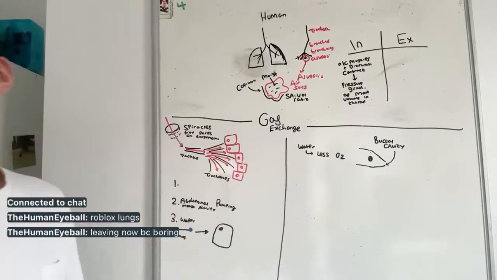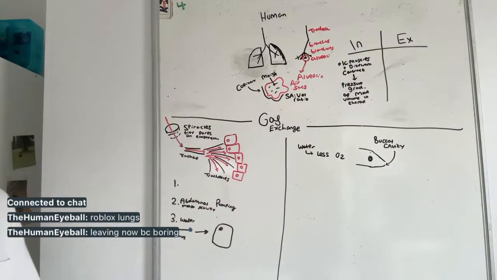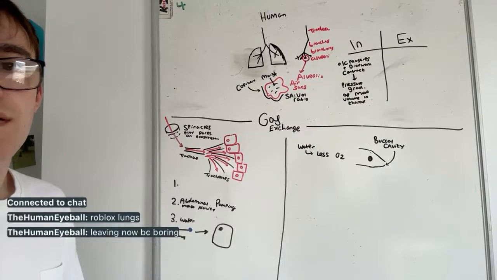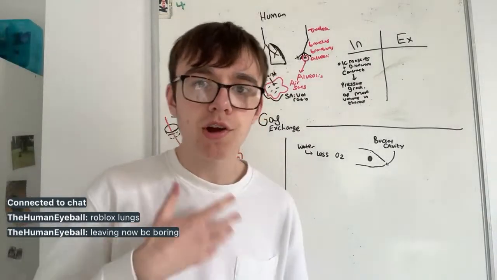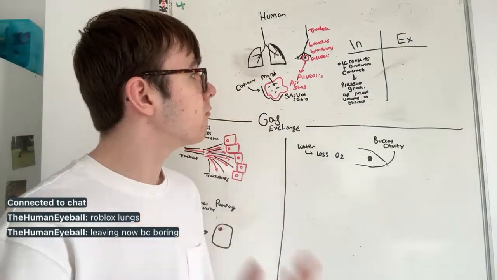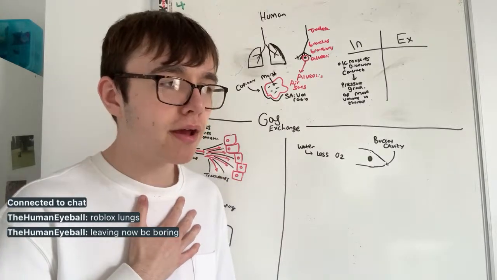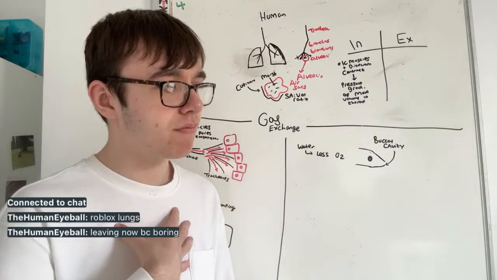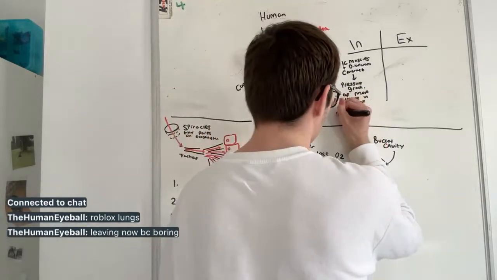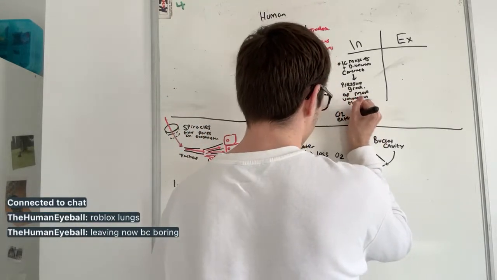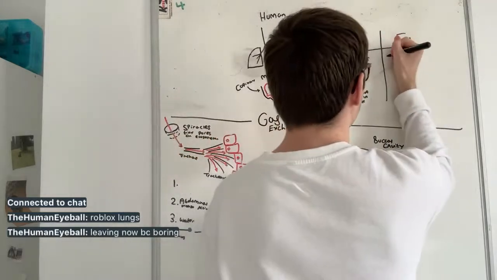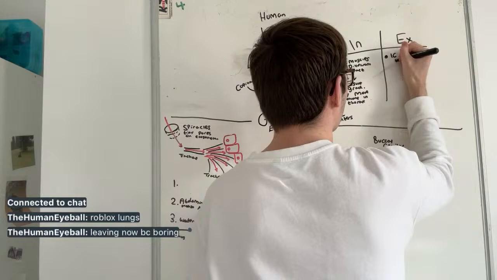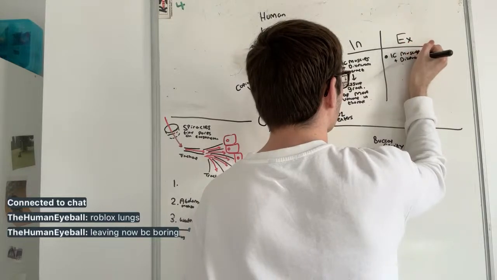So yeah, there is a pressure gradient because there is now more volume in the overall thorax. This causes oxygen to enter and eventually go into the lungs, basically. So O2 enters.